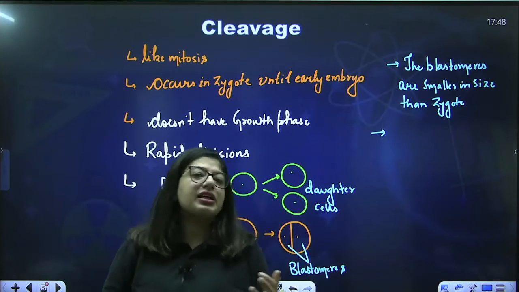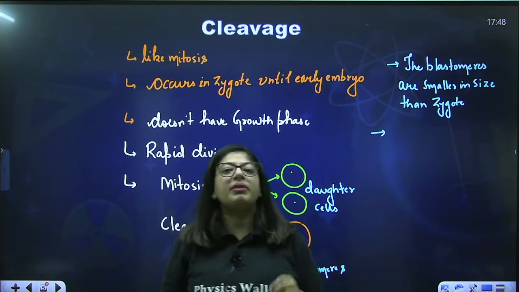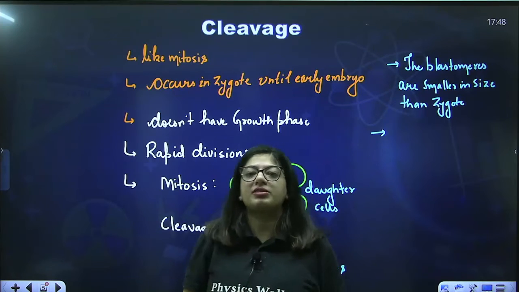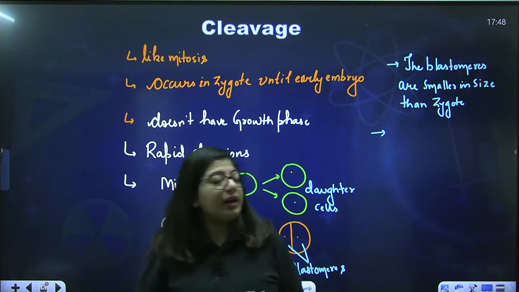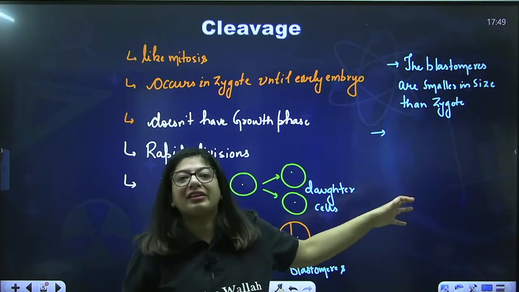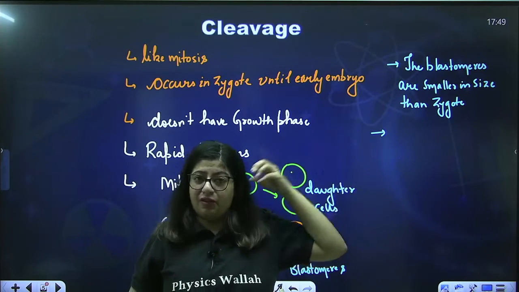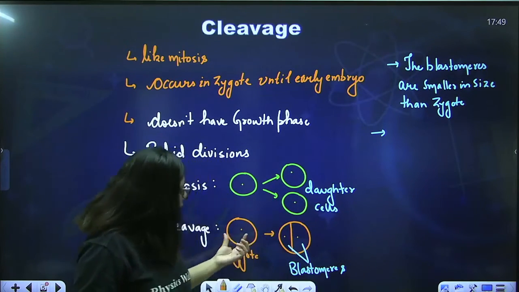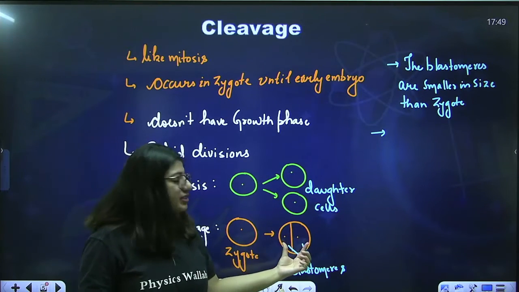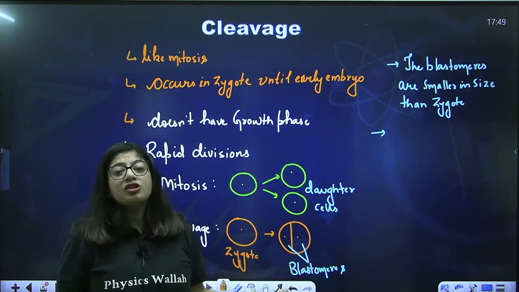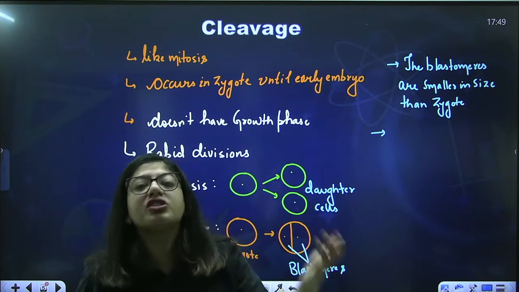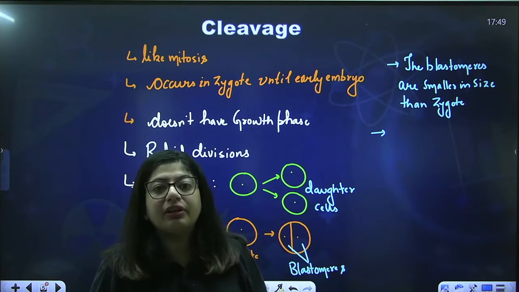When the cells are dividing, only the nucleus is dividing, the cytoplasm is not. Whatever quantity of cytoplasm is present in the zygote is present the same in both cells. So cytoplasm is not growing, nuclear divisions are occurring, the nuclear material is growing, right?